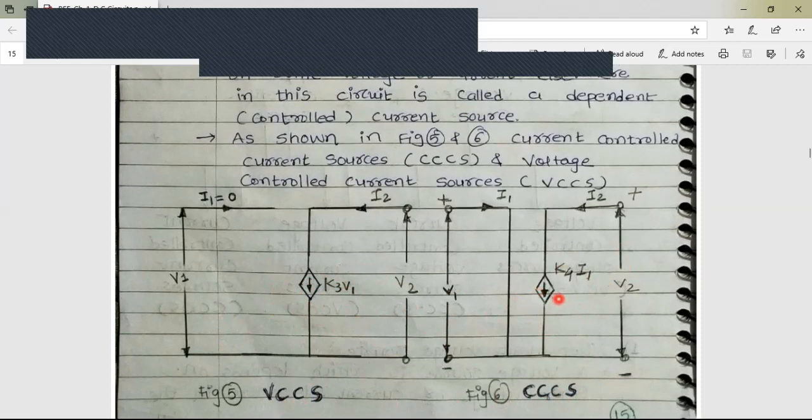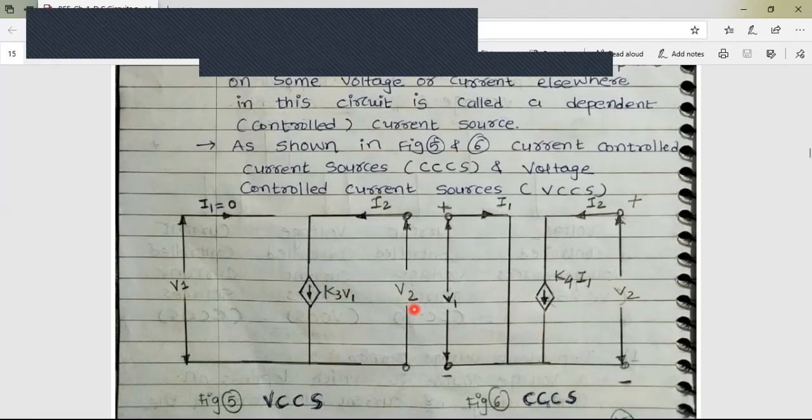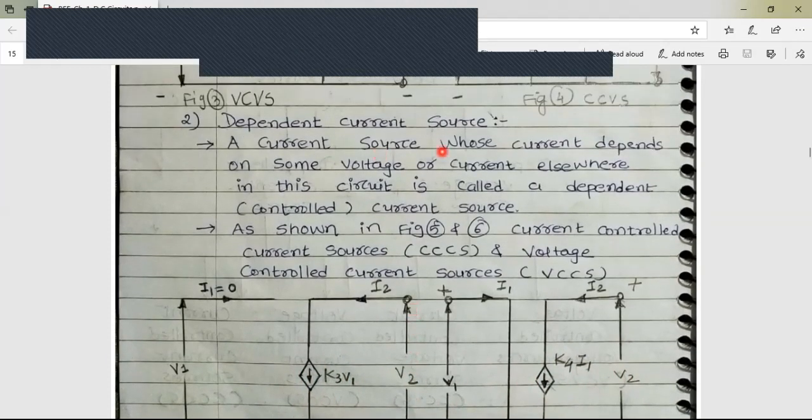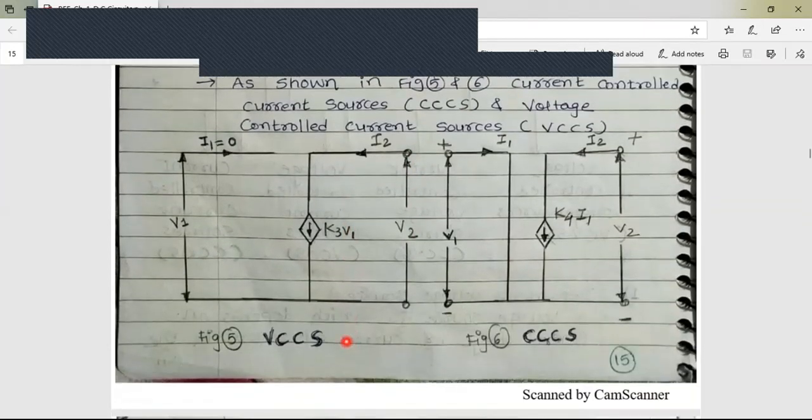And this is a current source, but it depends on a current I1 in the same circuit. So we can say that a current source whose current depends on some voltage or current elsewhere in the circuit is called a dependent current source. So these are the two current sources: the voltage controlled current source and the current controlled current source.